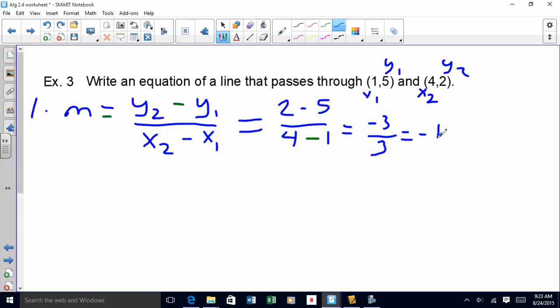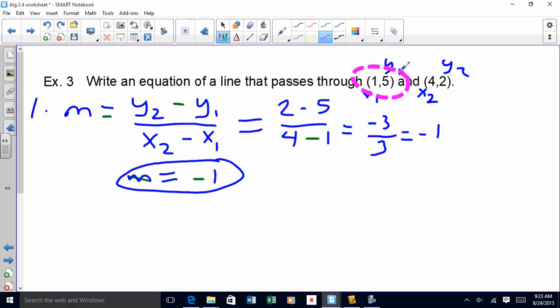So m is negative 1. And then again, you just pick whichever point you want. It really doesn't matter. I'm going to pick that. Couldn't care less what point you pick though.